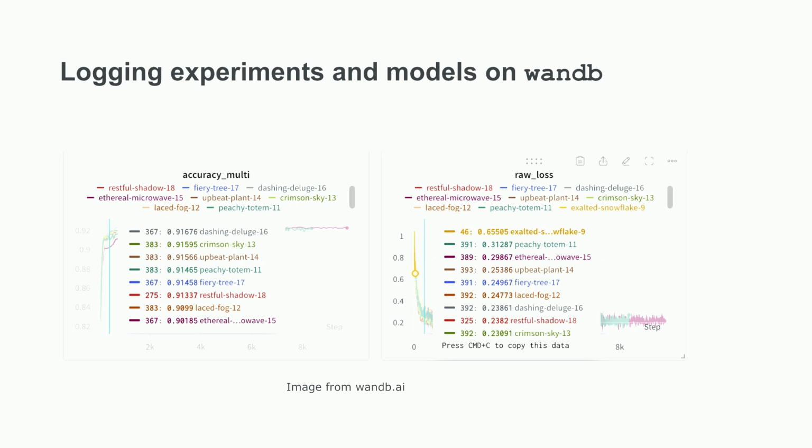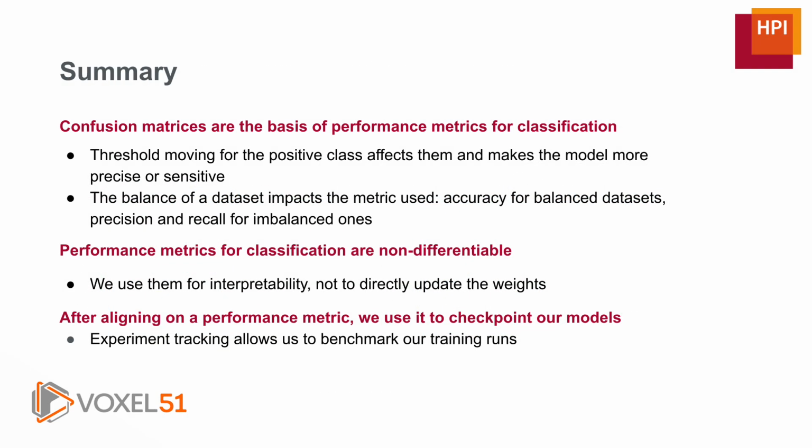We're going to be using a platform called Weights and Biases to track our experiments. And this is something that is very valuable for us as practitioners. You're going to be taking a look at the dashboards of Weights and Biases in the practical exercises that we're going to do.